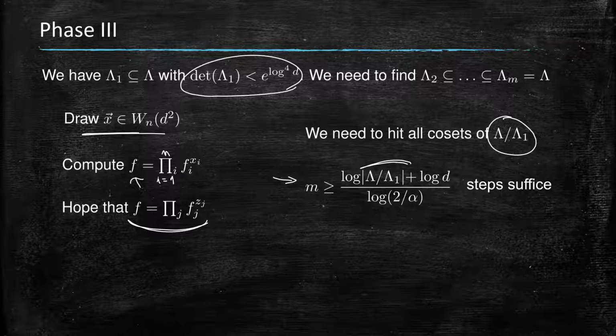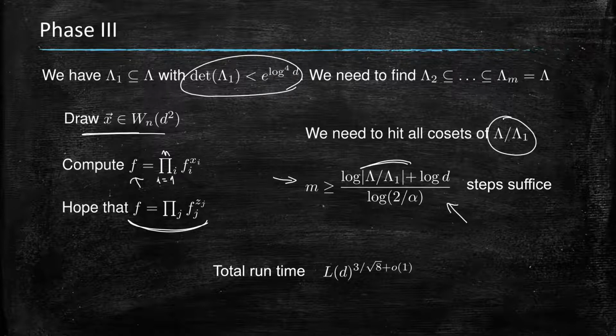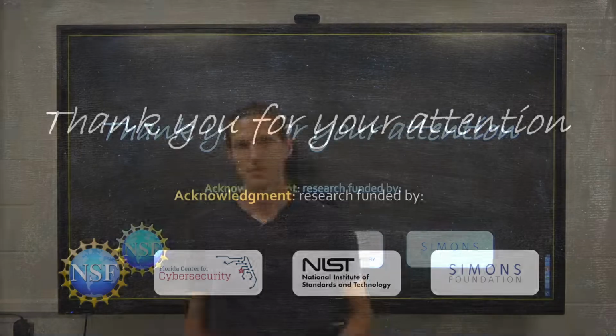So it's a polynomial number of steps that we're going to perform. We pay more every time for every step, but then we reduce the number of steps. And the total runtime is this, which is guaranteed under the generalized Riemann hypothesis.